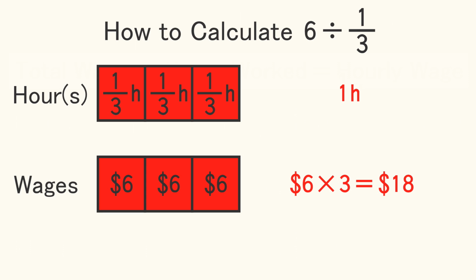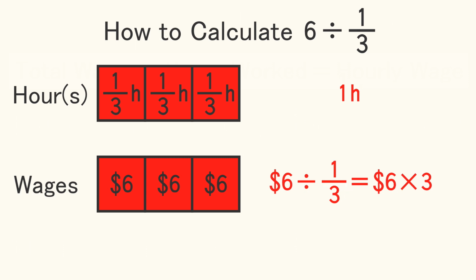Since we set up the expression 6 divided by 1/3 to find your hourly wage, which we've just found, we can see that 6 divided by 1/3 is equivalent to 6 multiplied by 3. In other words, when dividing by 1/3, we can multiply by 3 instead.